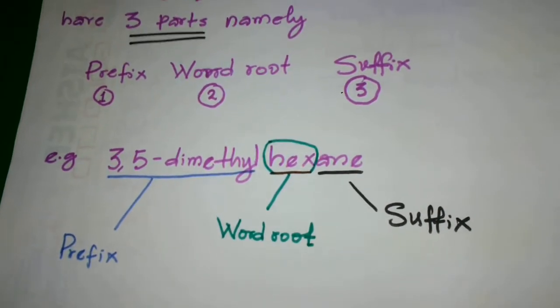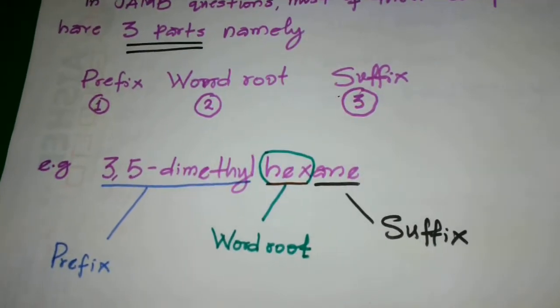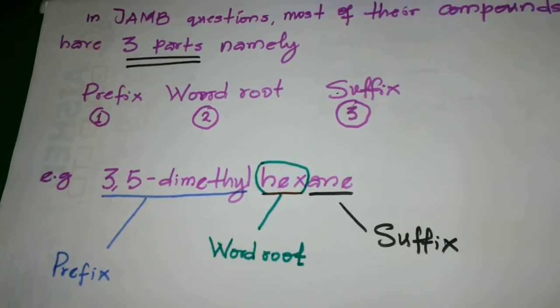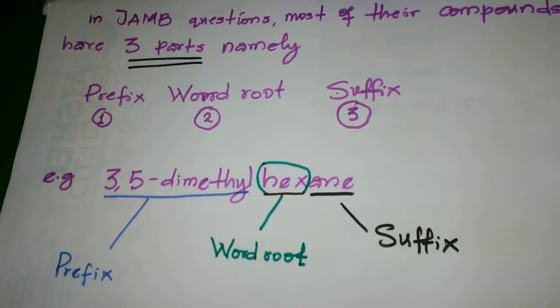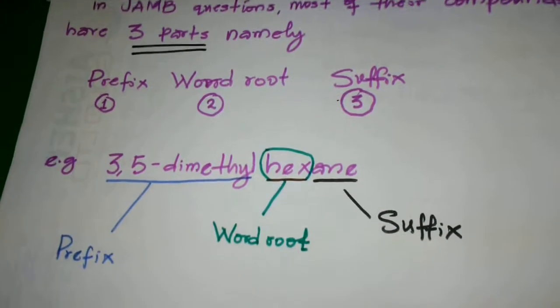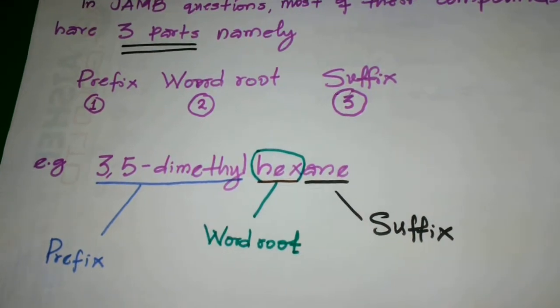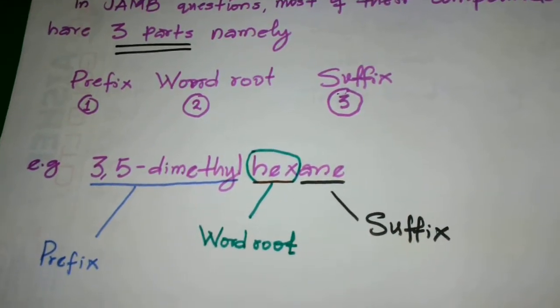In this compound, the 3 parts are shown. We have 3,5-dimethyl as the prefix, we have hex as the word root, and we have ane as the suffix.